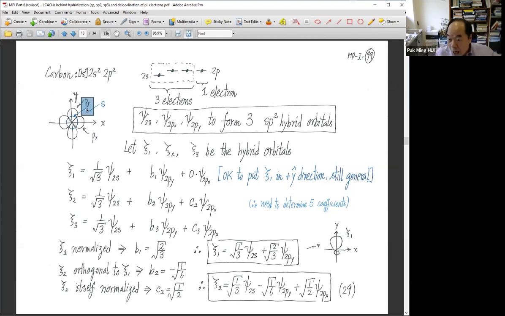Actually, in the full LCAO, we should also consider the hydrogen, the next carbon behavior.